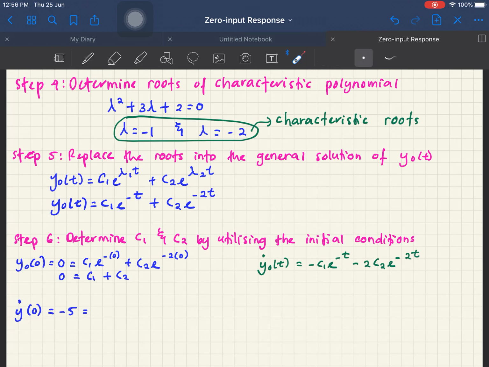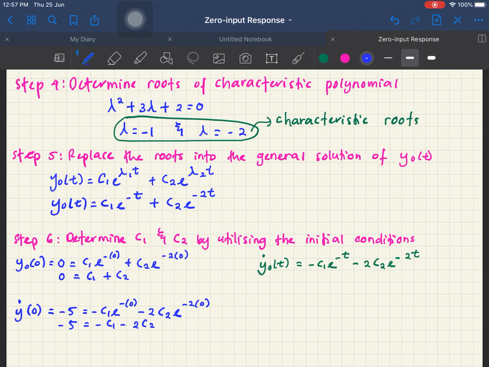Then minus 5 equals minus c1 e to the power of minus 0 minus 2 c2 e to the power of minus 2 times 0. So you will have minus 5 equals minus c1 minus 2 c2.